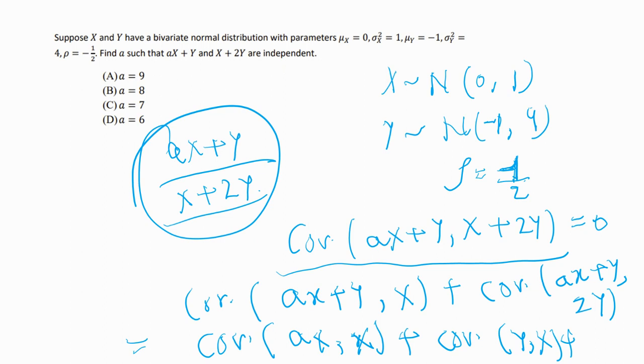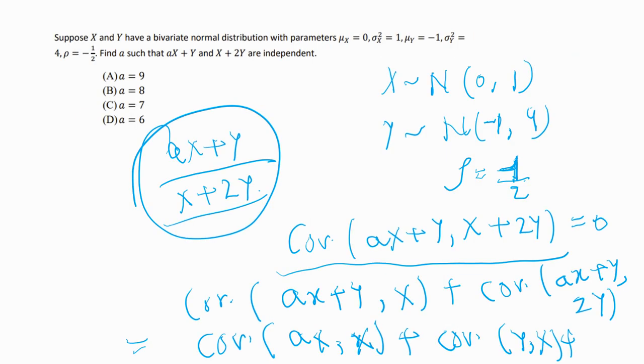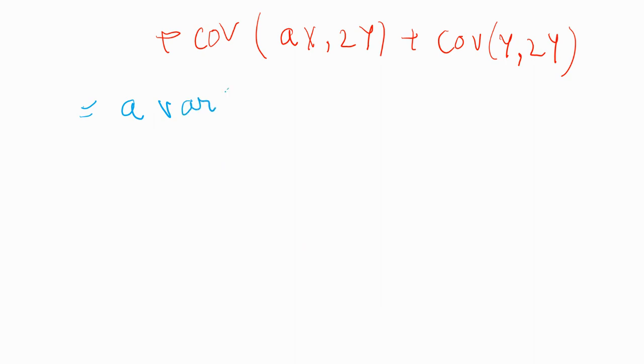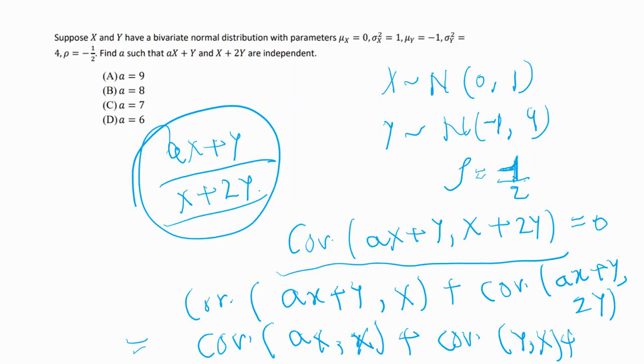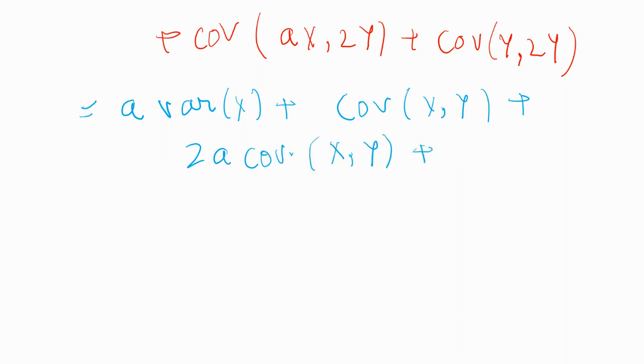Now covariance of ax comma x will be a times covariance of x comma x. When you take covariance with itself, it will be variance. So it will be a times variance of x plus covariance of x comma y, plus 2a comes out as a constant, and then 2 variance of y.